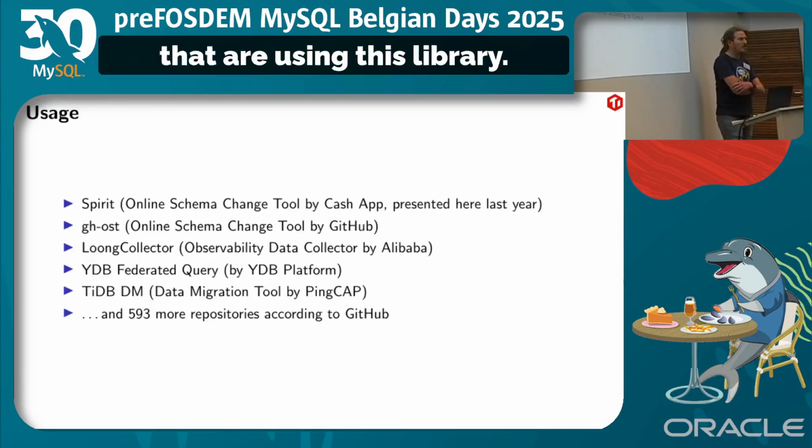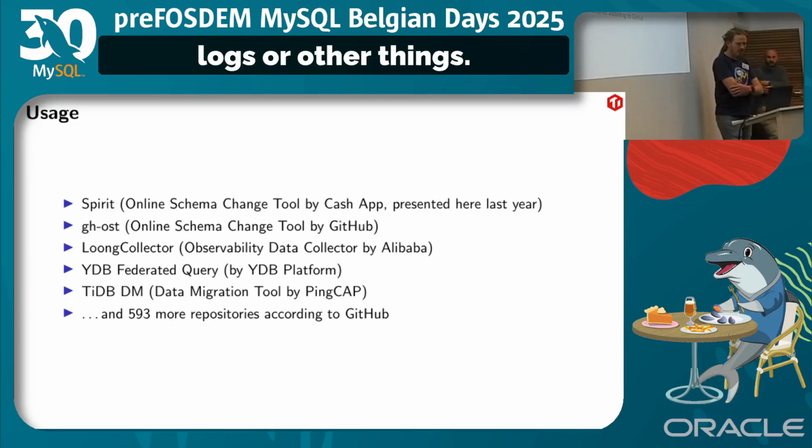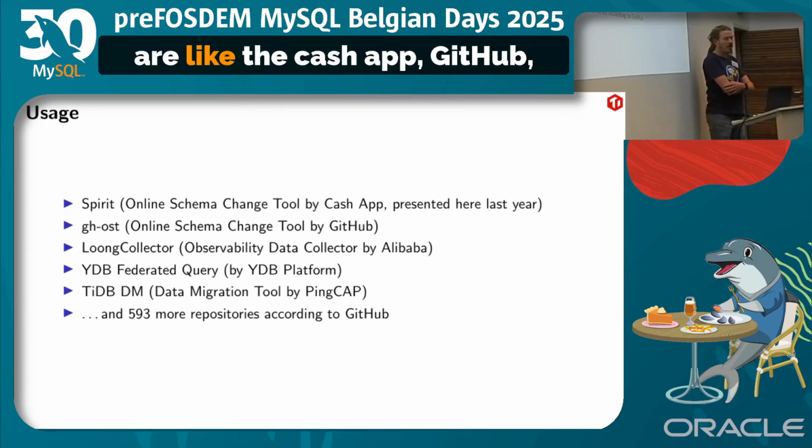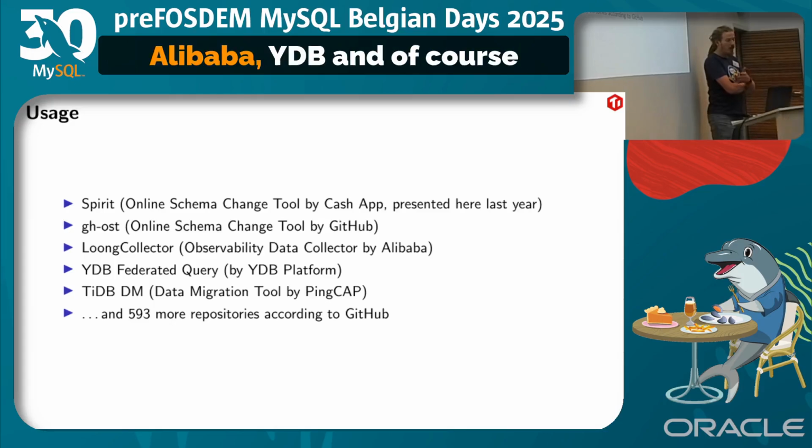There are quite a lot of things that are using this library. Sometimes it's a client, sometimes to deal with binary logs or other things. Some of these users are Cash App, GitHub, Alibaba, YDB, and of course also PingCAP.